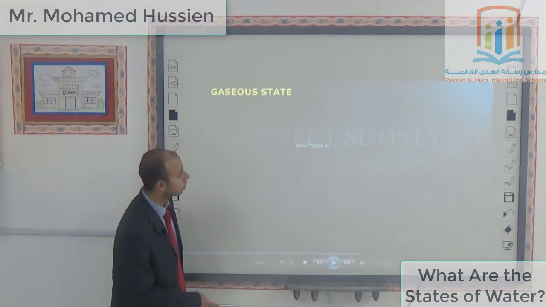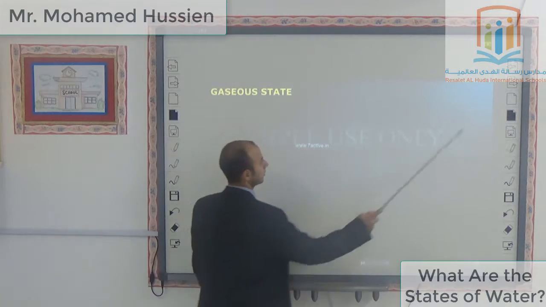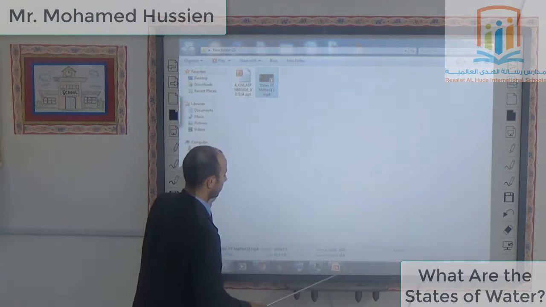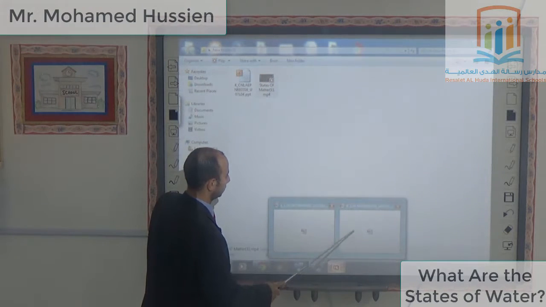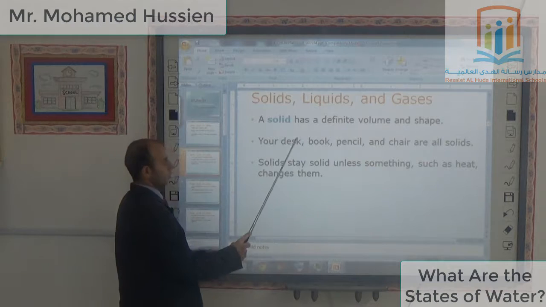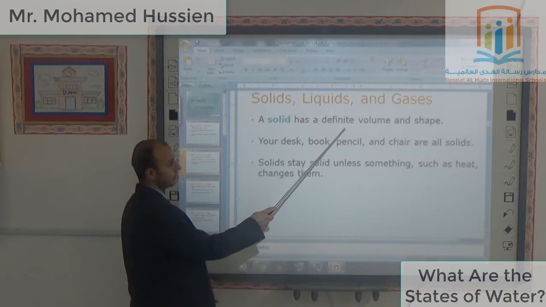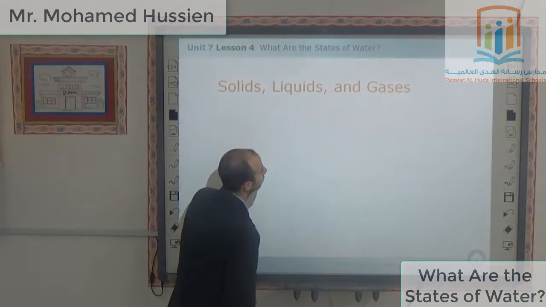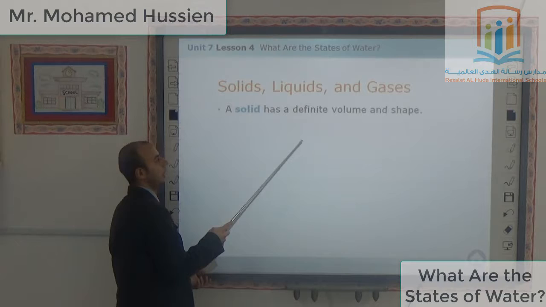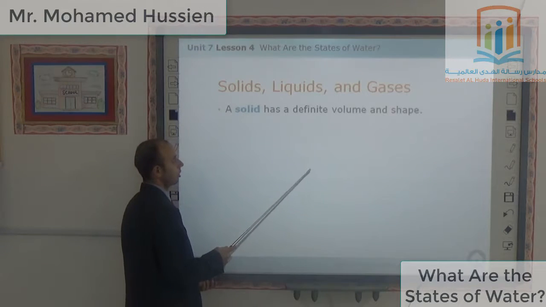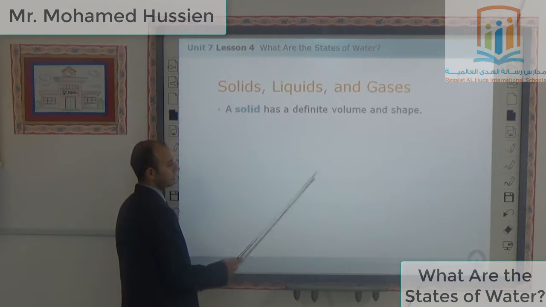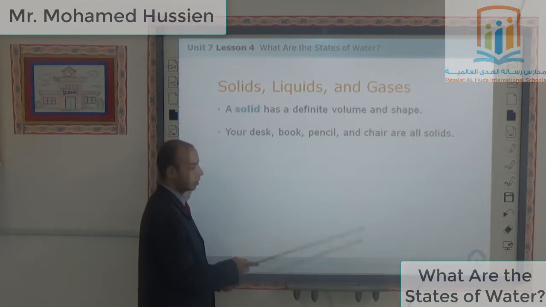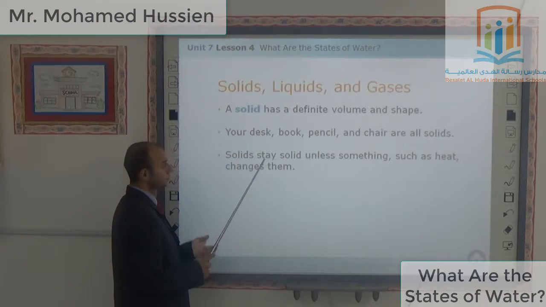Okay? So we return back again to our lesson. So we said that the solid has a definite volume and definite shape. This is the solid state, like the ice, for example, like pencil, like the book, chair, all are solids.